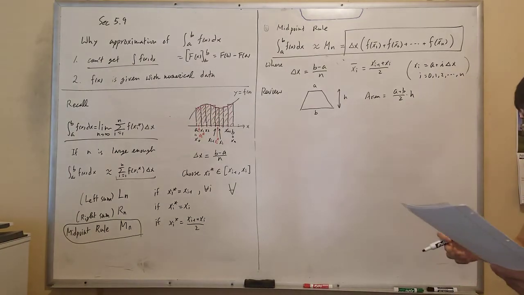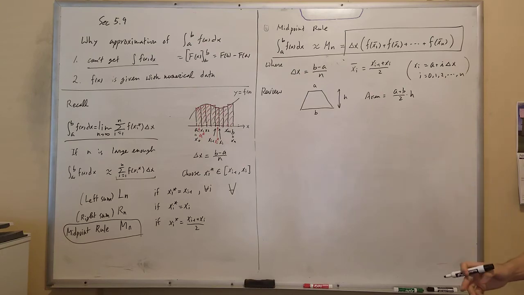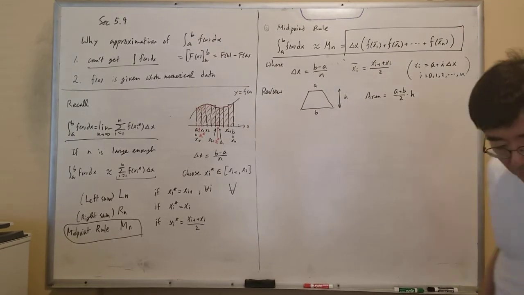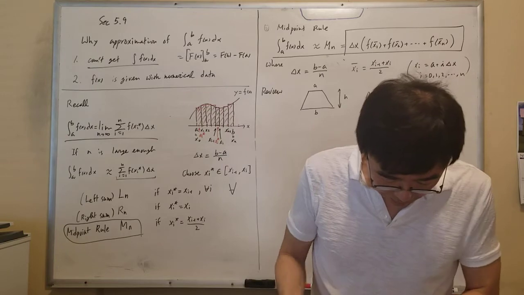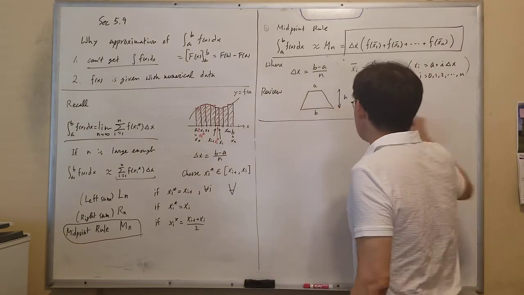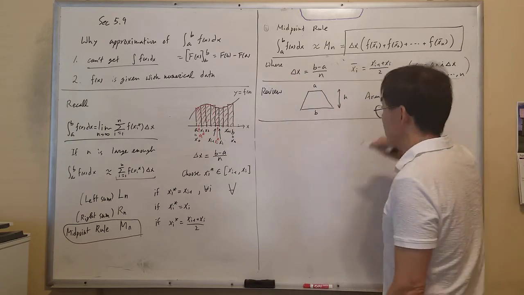Okay? That is the area formula. So now the trapezoidal rule is by using trapezoids in approximation.